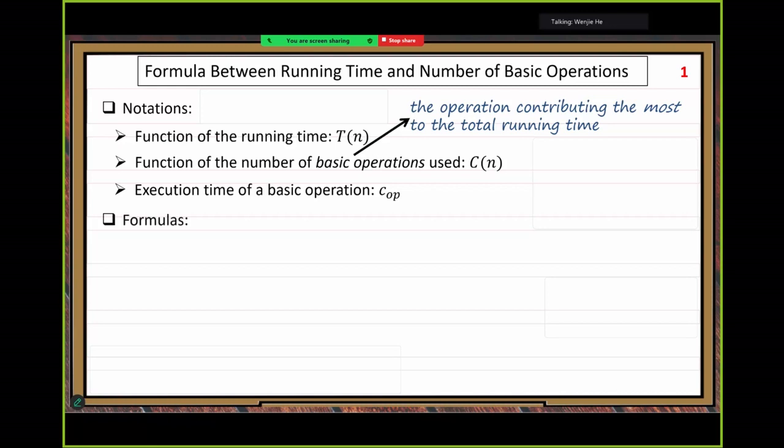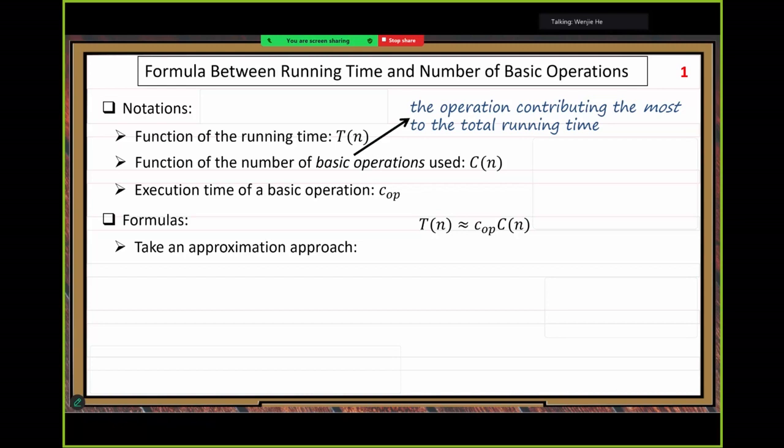So the formula connects those two functions. But here we need to take an approximation approach, because it's very hard to get the exact formula. So here we use the approximate version of the formula. T of n approximately equals c op times capital C of n.